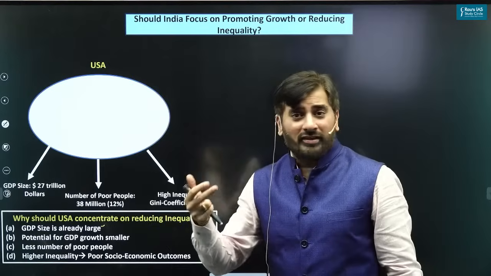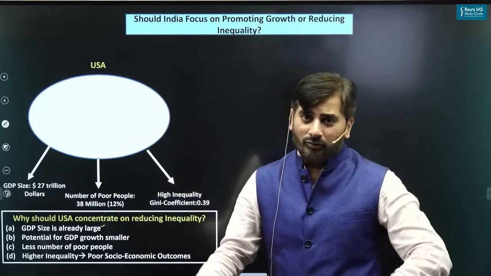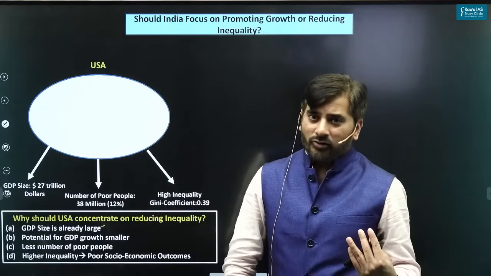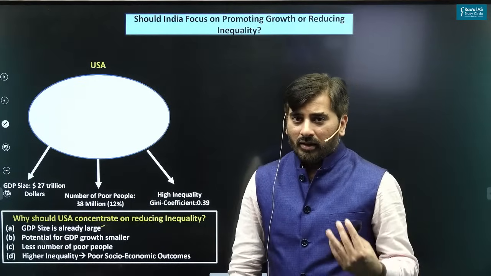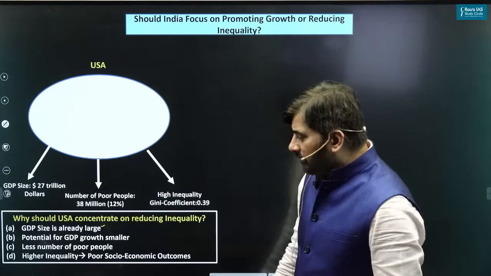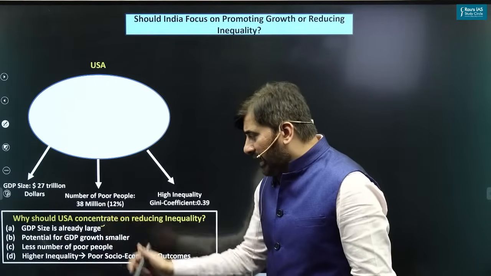So since option one does not exist, where should the US focus upon? Reducing income inequality.